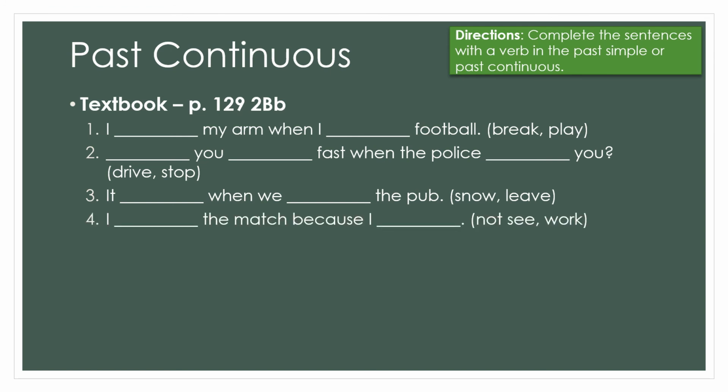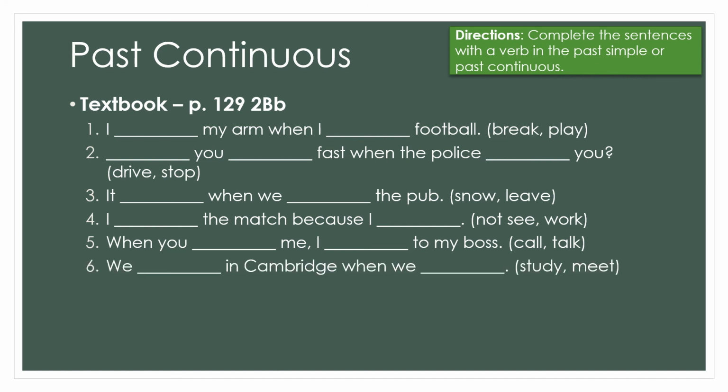Number 4, I blank the match because I blank, using the verbs not see and work. Number 5, when you blank me, I blank to my boss, using the verbs call and talk. Number 6, we blank in Cambridge when we blank, using the verbs study and meet.